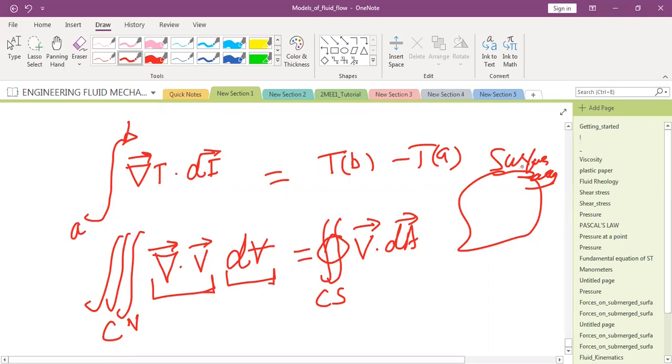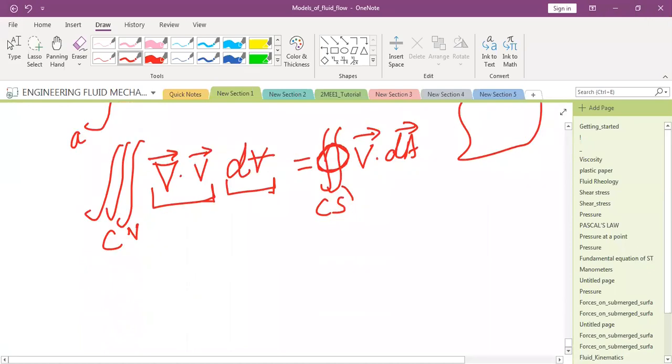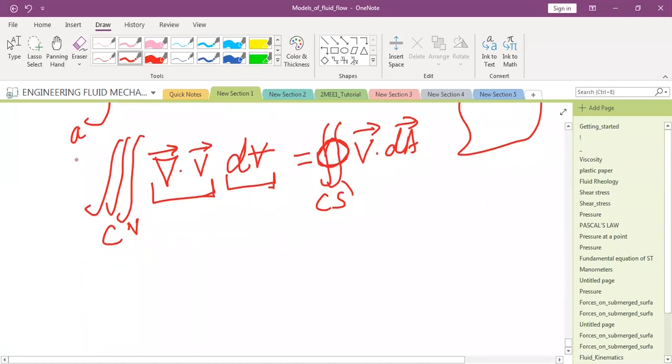So the boundary of a volume is a closed surface or the control surface. That's why this is the control surface and this is a circle depicting that it will be a closed surface. So this is called your Gauss divergence theorem or fundamental theorem of divergence.